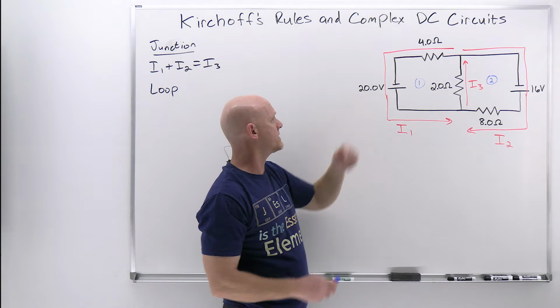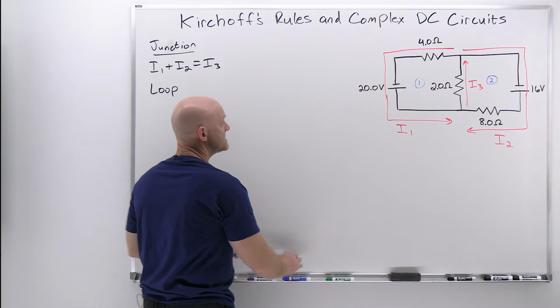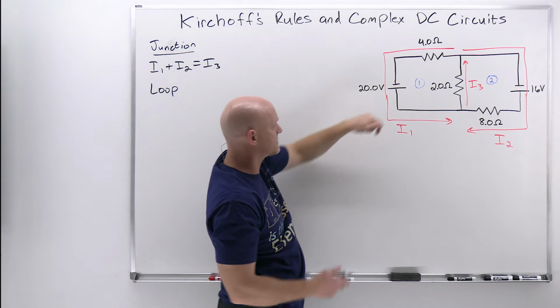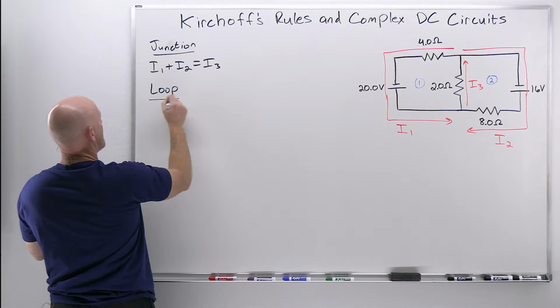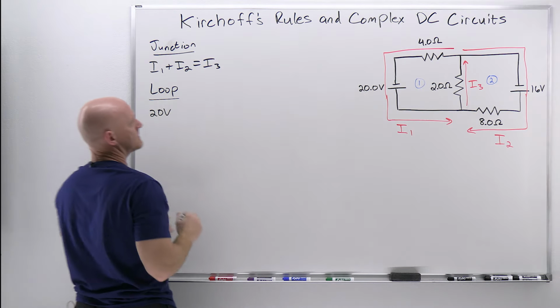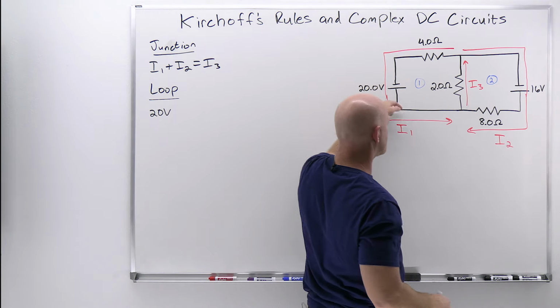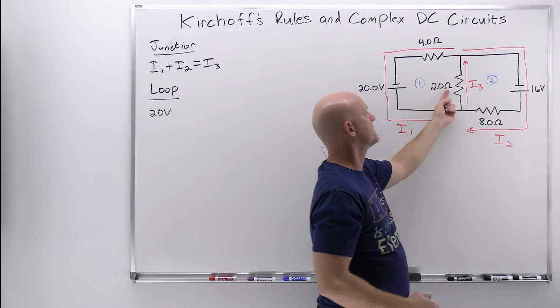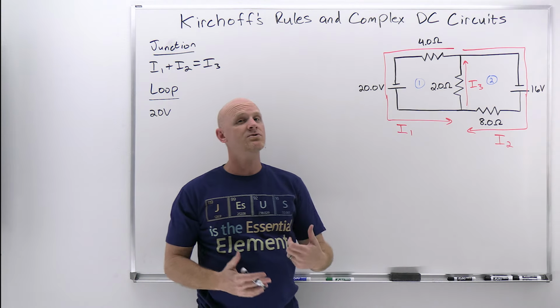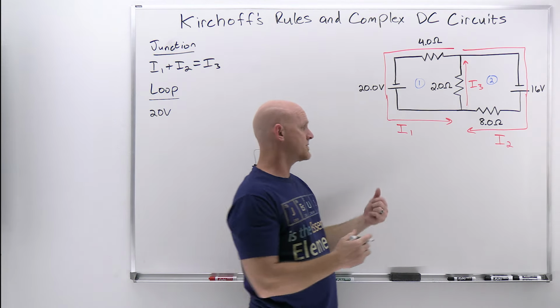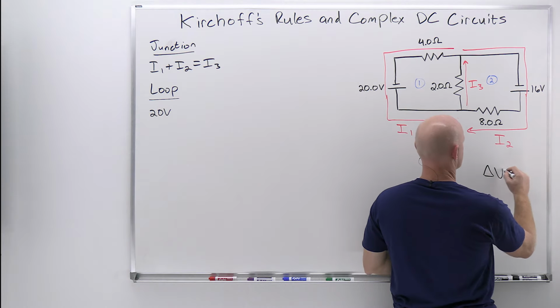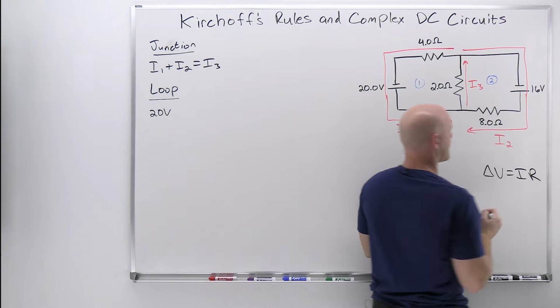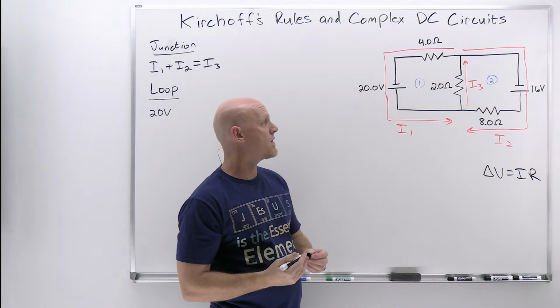I'm going to start with the battery. That battery is a voltage increase as we go from negative to positive terminal, so that's going to be positive 20 volts. The first thing we encounter next is this 2 ohm resistor, which is going to experience a voltage drop as the current goes through it. If you recall, Ohm's law says that delta V equals IR, and that's how we get the voltage drop across a resistor.